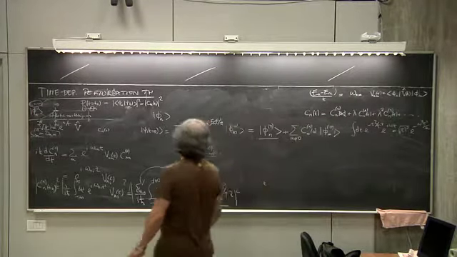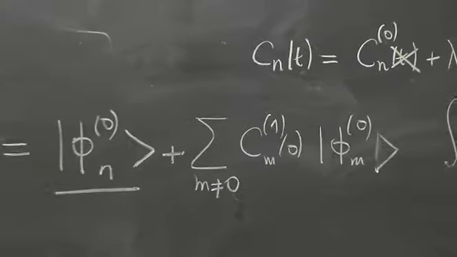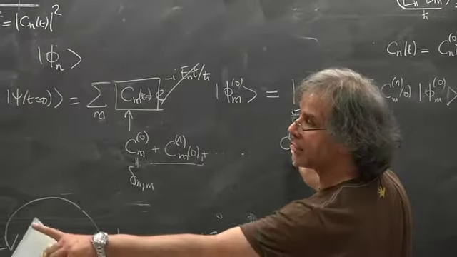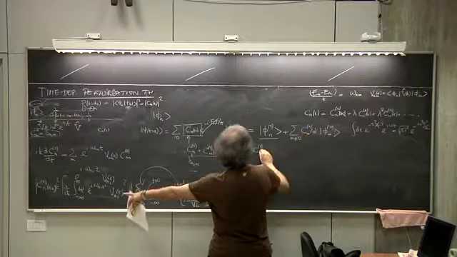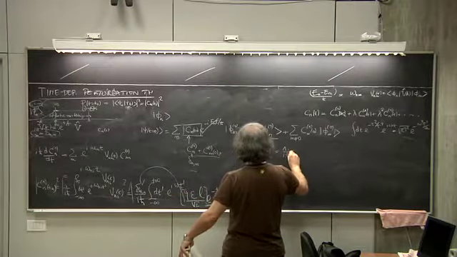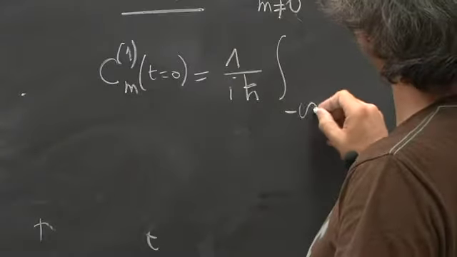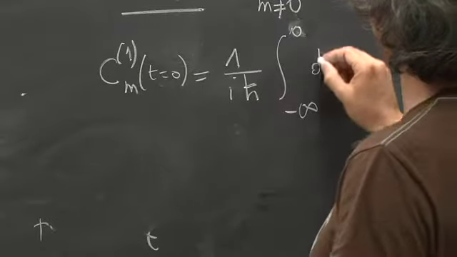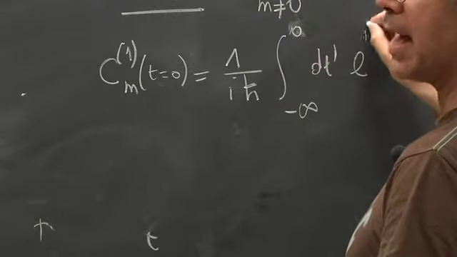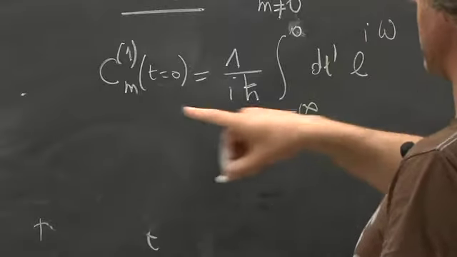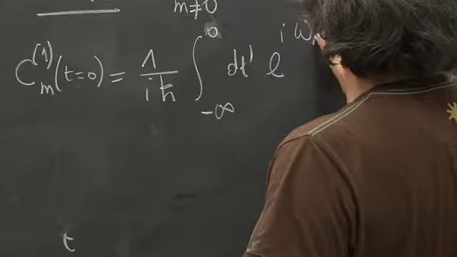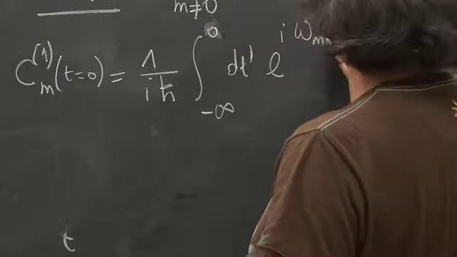Now let me calculate the C1 from this expression here. I write it here. So I have that C1, rather than n, I call it m, at time t equals 0 would be equal to 1 over i h bar, the integral from minus infinity to 0, because I want it at time 0, in dt prime of e to the i omega mn t prime, since I want to end up in m starting from n.